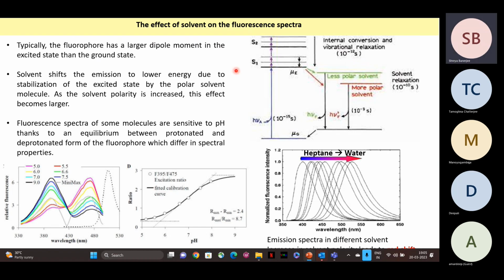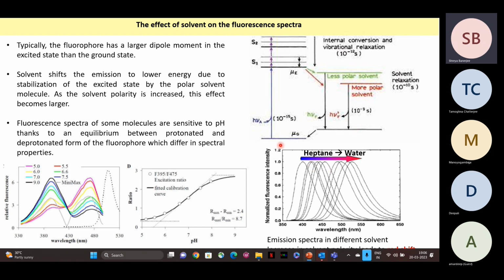So in a polar solvent, the excited state becomes stabilized and its energy decreases, while in less polar solvent, the excited state has higher energy. So if in a polar solvent, you have an S1 to S0 transition, the energy released is lower, meaning that the wavelength will be higher.